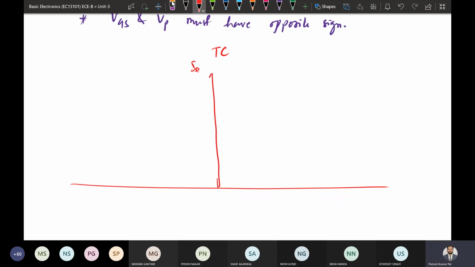So suppose we need to plot ID, this transfer characteristics, by combining both depletion and enhancement mode. In enhancement mode we have seen it goes this way, but in case of the depletion one it was decreasing. So this is the point where IDSS will be there.